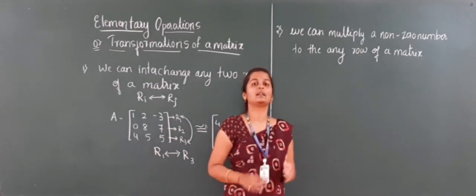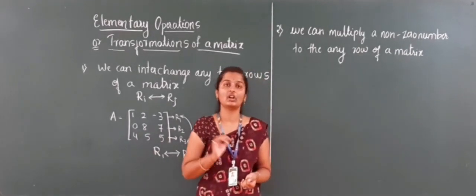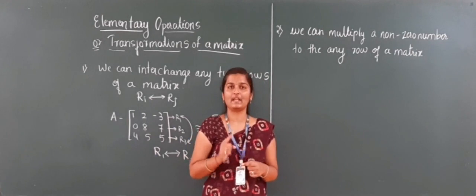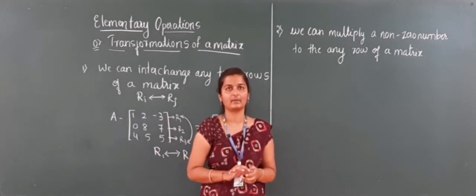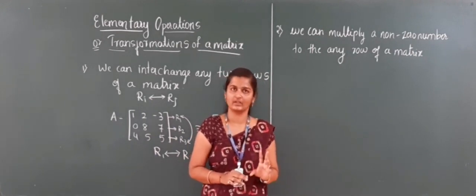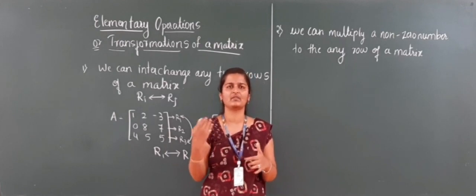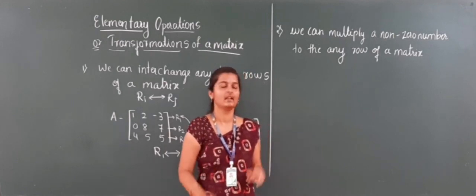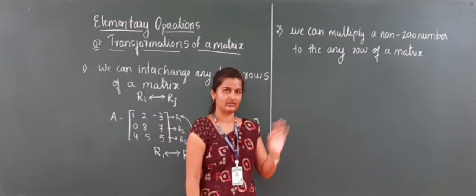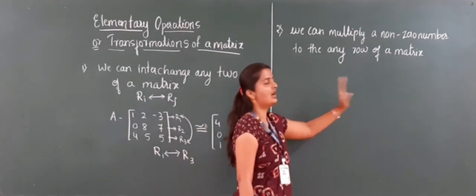Here we can multiply a non-zero element. Non-zero element means we can multiply a positive number or a negative number, but we can't multiply by zero. We can multiply 1, 2, 3, 1 by 2, minus 1 by 2 like this, but we can't multiply a zero to any row of a matrix.